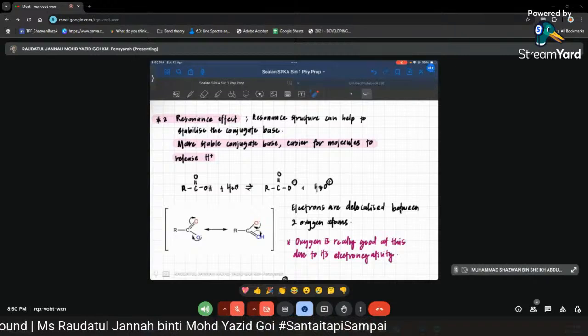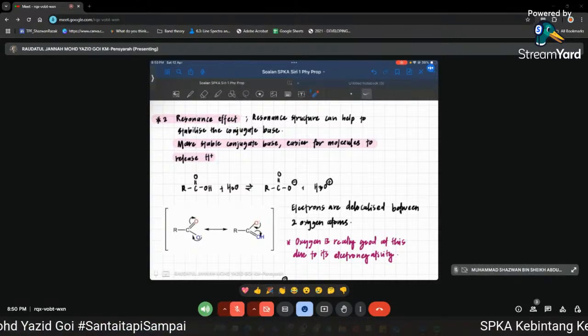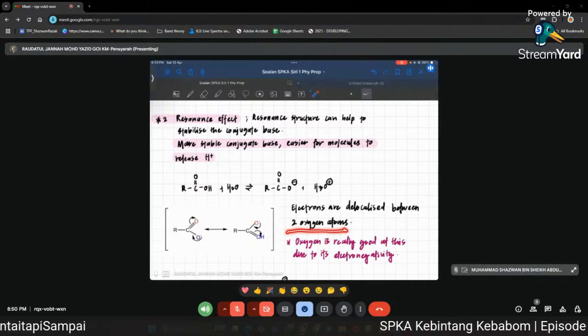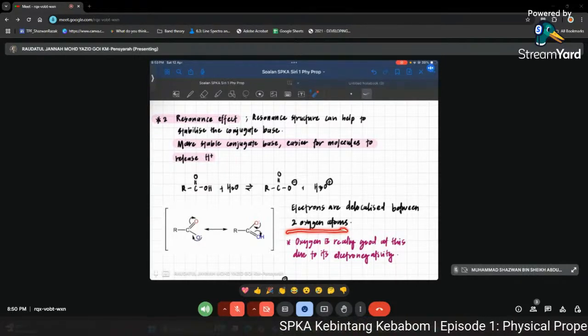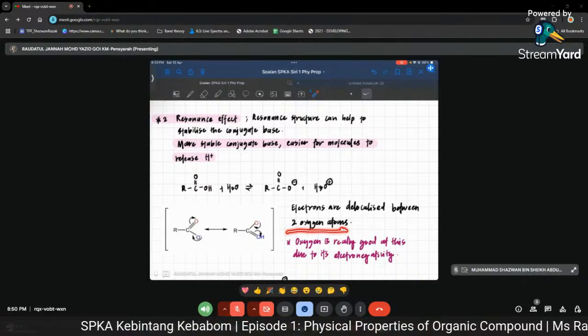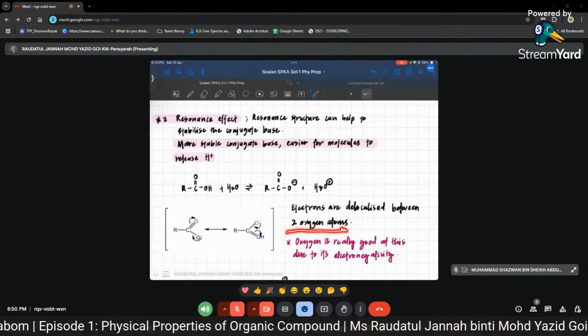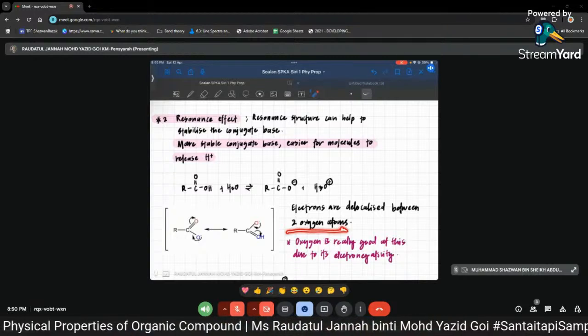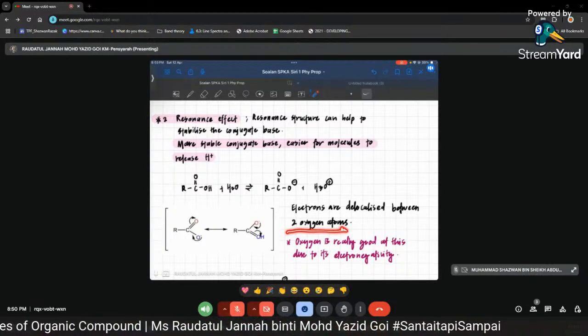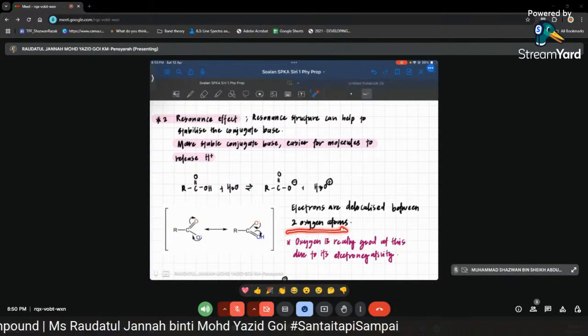That is the first thing. But then again, you punya electrons are actually being delocalized between two oxygen atom. So, you kena ingat, oxygen is the second most electronegative atom. And the thing is, bila mana you bagi extra electrons dekat electronegative species, that is a really, really good thing. Sebab oxygen is really good at handling extra electrons due to its electronegativity.